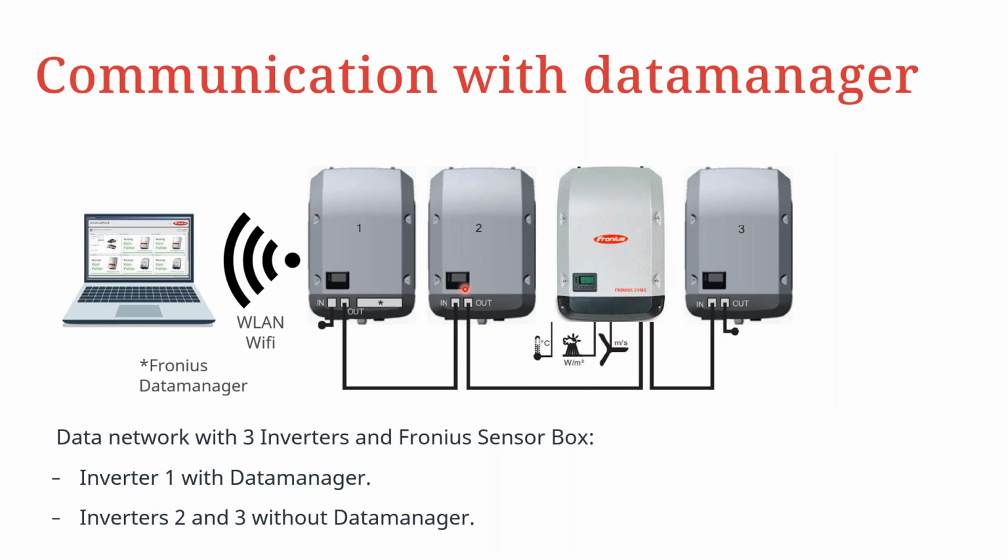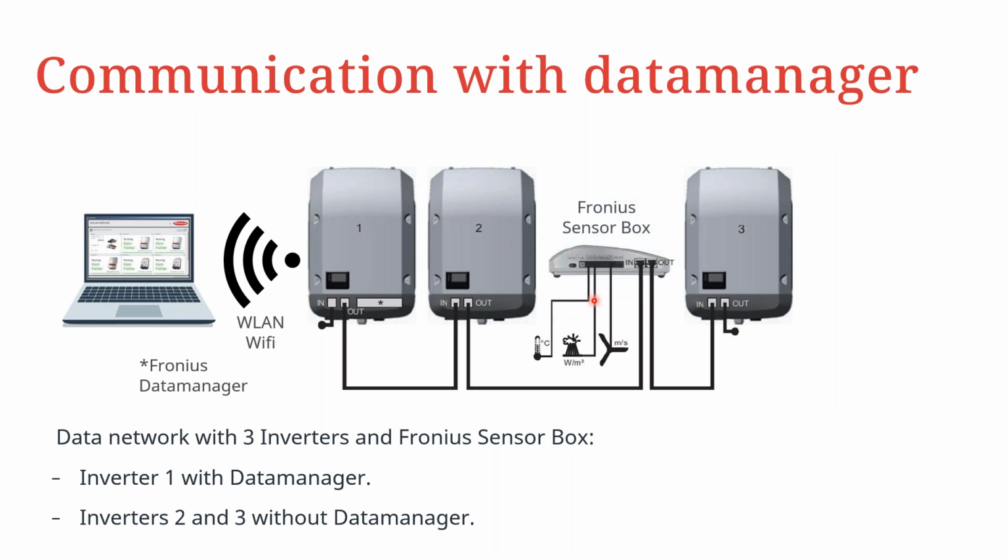This is in a case where we have, in this case, 4 inverters with the sensor card installed in one of the inverters. But in a case where you're using the sensor box, as you can see, it can also be connected this way. So you have a sensor box.